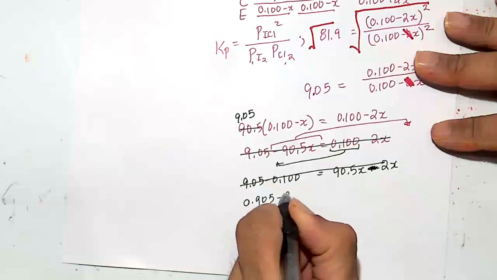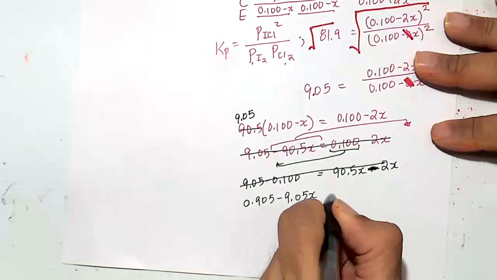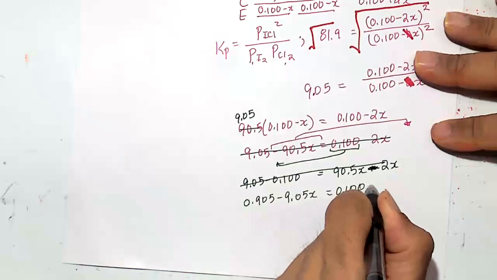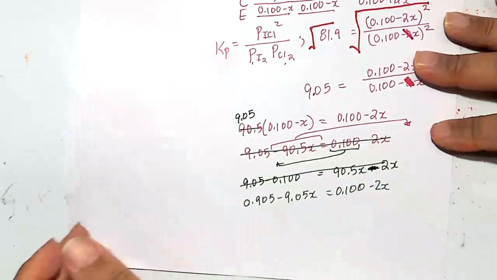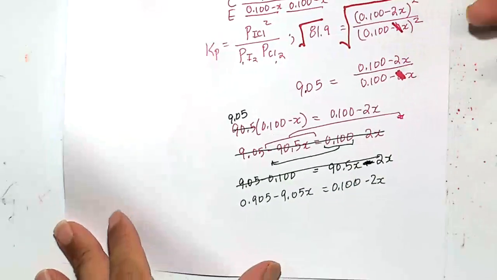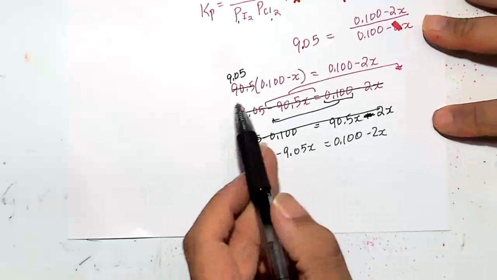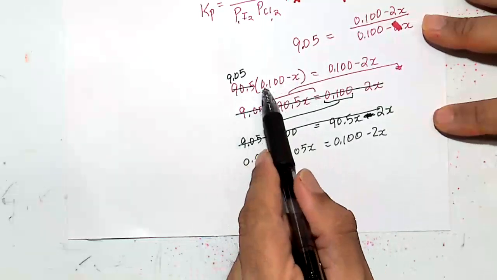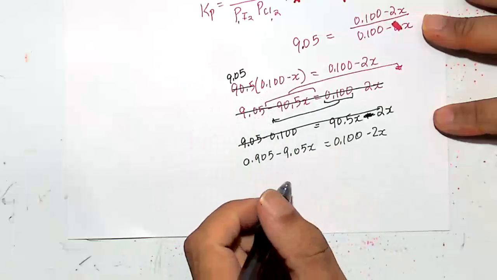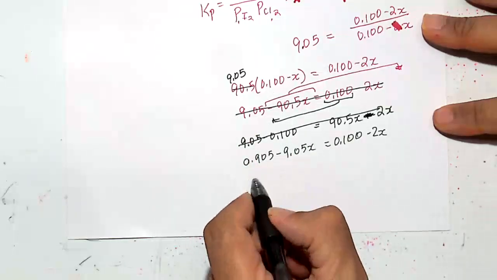Okay, so 0.905 minus 9.05x equals 0.100 minus 2x. Does that look okay? I'm going to need you guys to help me. All right, 9.05. Okay, I think that's okay.